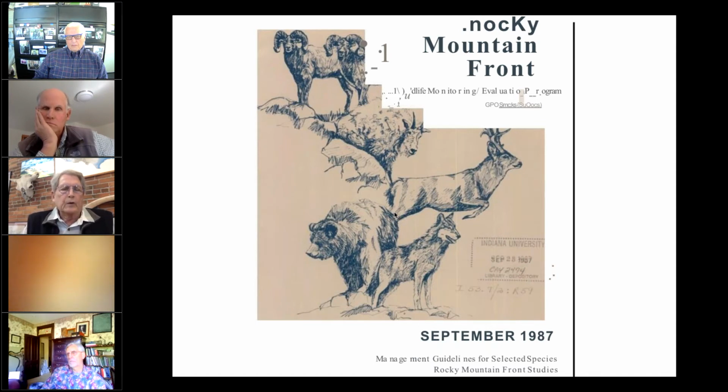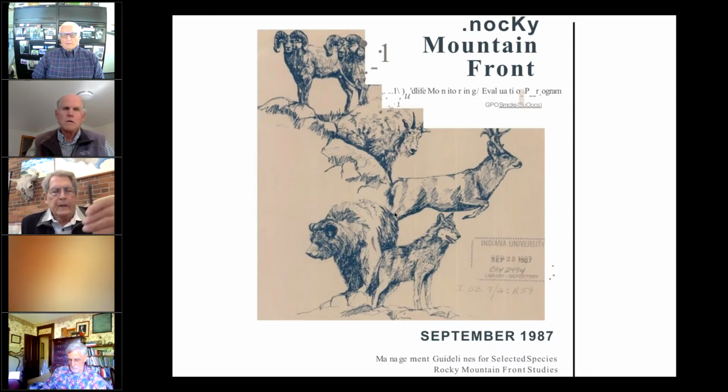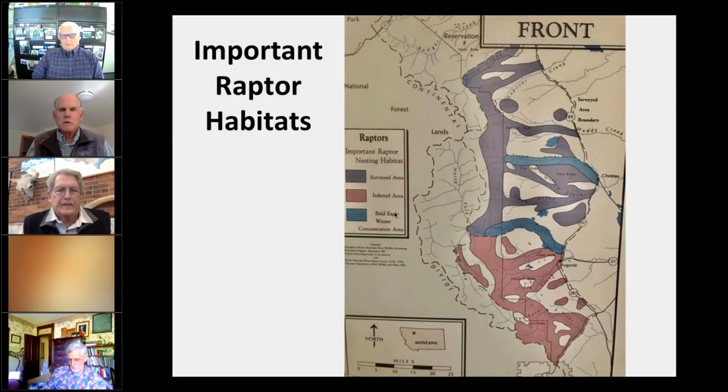We don't know how to respond to all of these leasing requests that are coming in, but we know we've got a wildlife rich area along the Rocky Mountain front. We better do something proactive so that we're ready to respond when these applications for leases come in, and we've got some idea where to deflect exploration and development, what rules and management guidelines to set up based on seasonal wildlife use of the area, and so on and so on. Thus, this report came into being, and it became a guide. It became a guide for lots of studies.